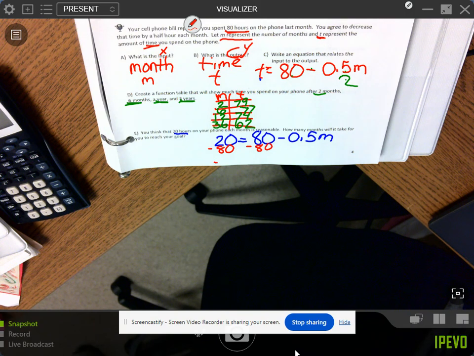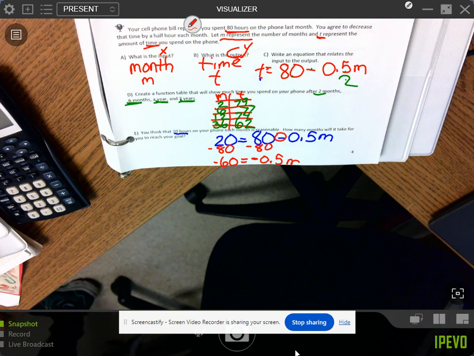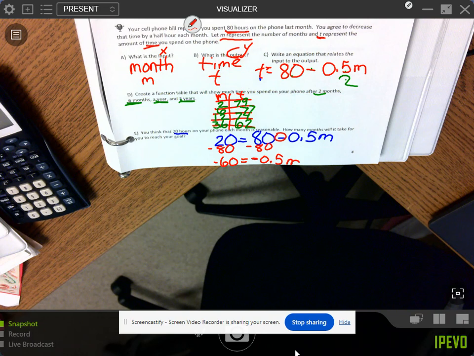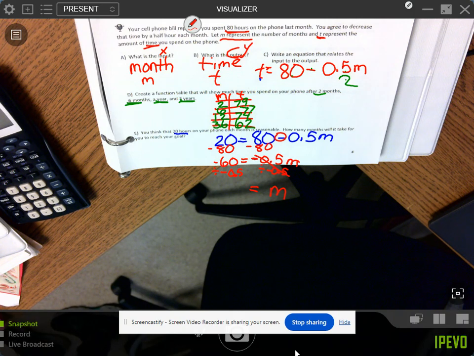Yeah, you get negative 60 equals negative 0.5 months, because there's a minus here. So that's a negative 0.5 months. So now I need to divide by that same number, negative 0.5. Negative 0.5 divided by negative 0.5 gives me just the m. What's negative 60 divided by negative 0.5?